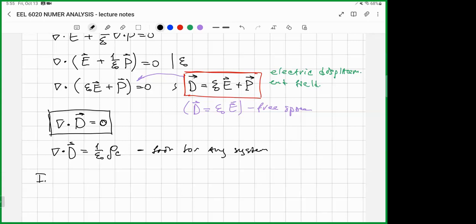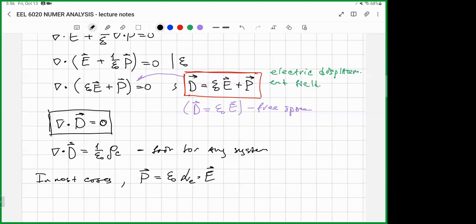In most cases, the polarization is just linearly proportional to the value of the electric field. So we can write it as epsilon 0 times some factor alpha E times the electric field.